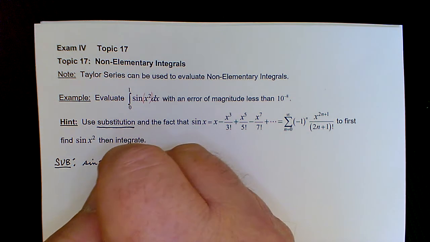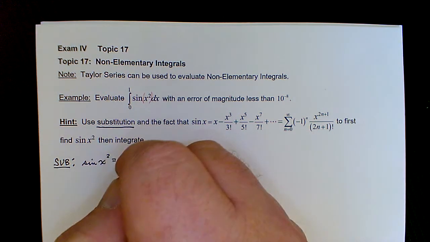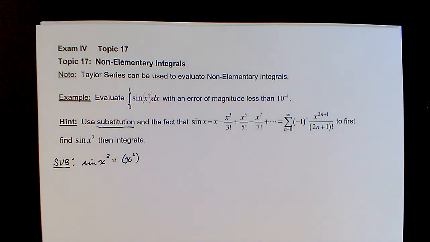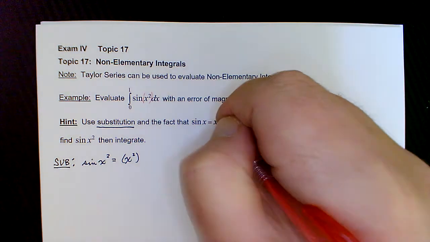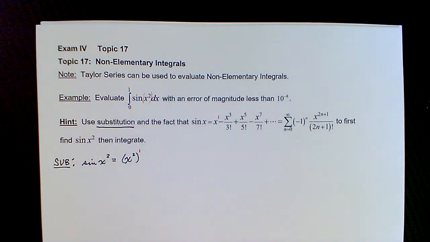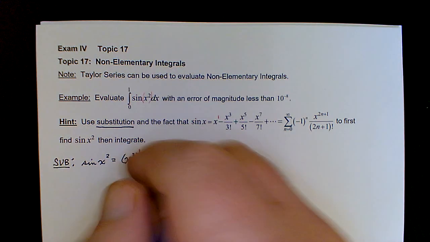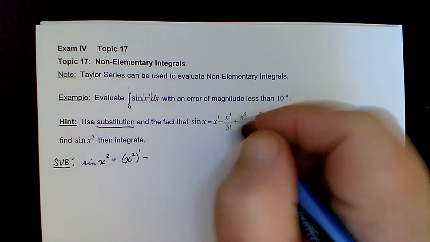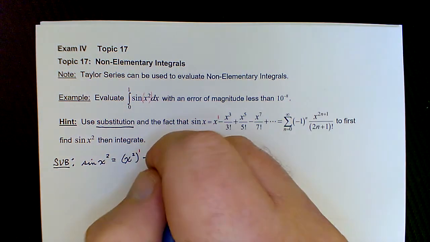So we have x squared to the first. Here, let me even make it real fancy, color-coded and everything. And then minus, put an x squared in for x here.